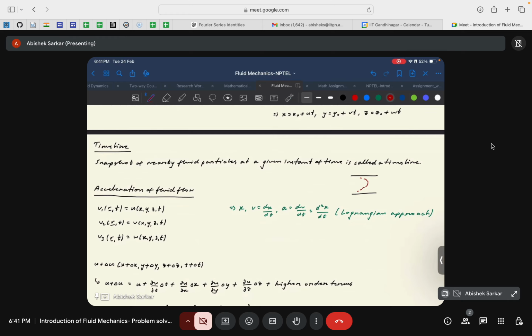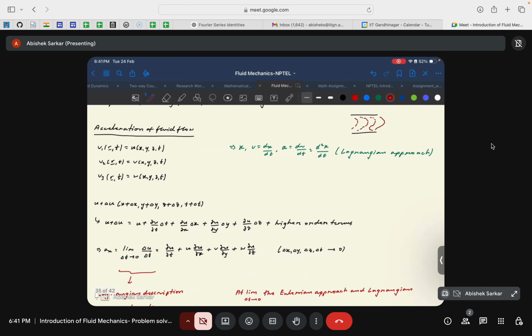These particles need not be injected from the same source, but for a particular instant of time they show this kind of pattern or locus, then these lines are known as timelines. Then for another instant they might show something like this. I'm just showing random representations.